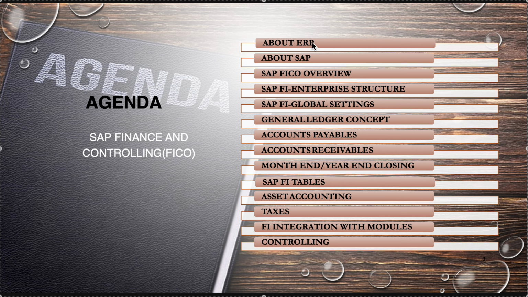We will start with what is ERP, Enterprise Resource Planning, what is SAP, the FICO overview, what the finance and controlling overview is about, what the enterprise structure is, how the global settings are performed in SAP, and what the general ledger is. So these are all the things you are going to cover in this training.